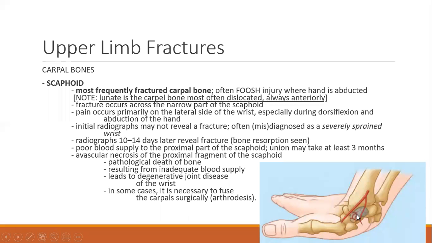Oftentimes they'll put your thumb in a little mini splint, which basically stabilizes the bone, even though they might not be able to see it on an x-ray. They'd much rather be precautious and make it so this bone is stabilized and can heal properly and the blood flow can continue, versus saying, oh, you just sprained your wrist, come back in a couple of weeks, you'll be fine, it'll heal.